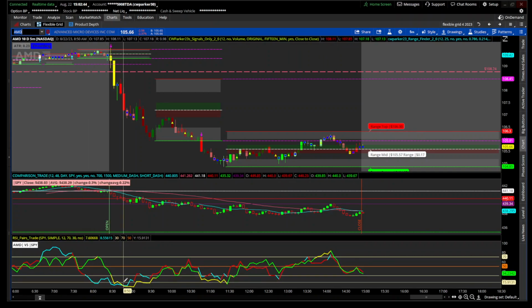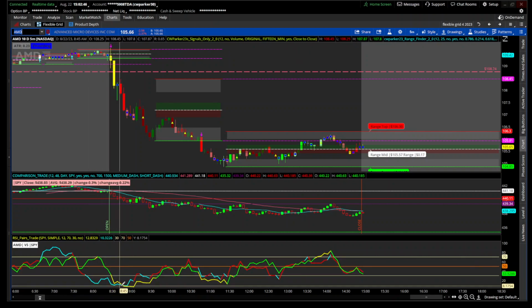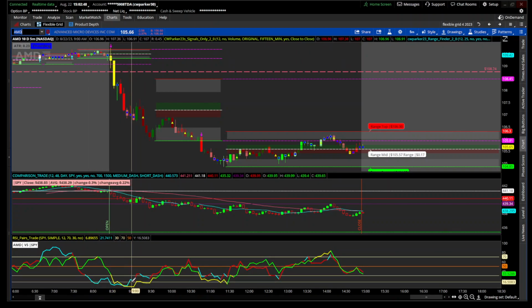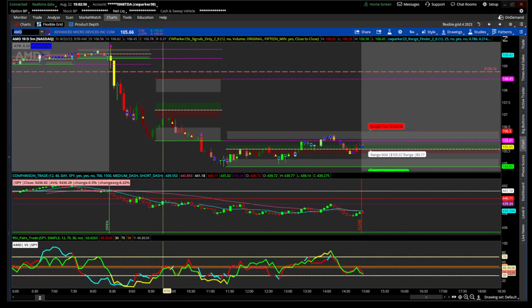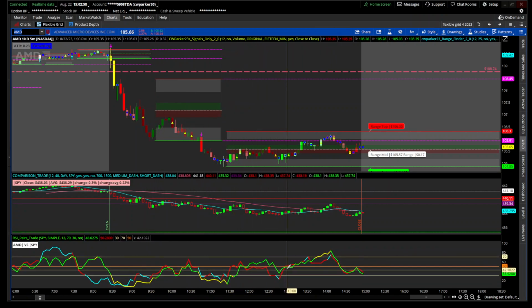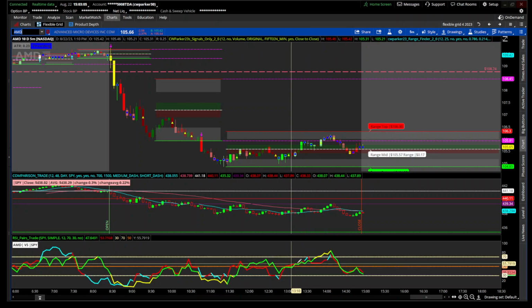It was relative weakness in the market. Even though the S&P started pushing up, the relative strength for AMD tried to, but it made the same thing. You can see they're almost aligned together. A lot of times you hear people say that a lot of these stocks move with the market. That's what you're seeing.